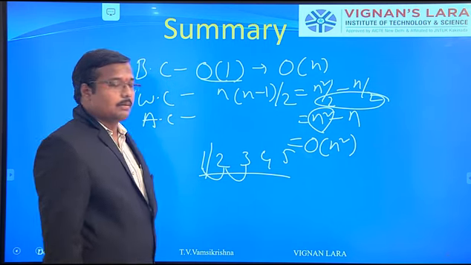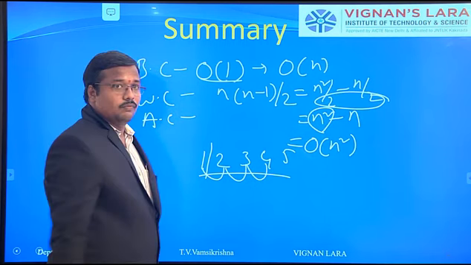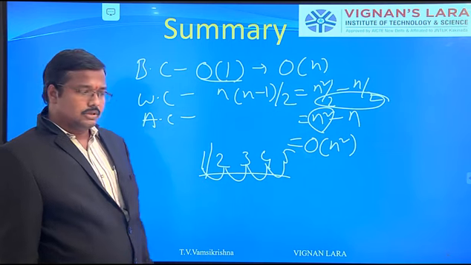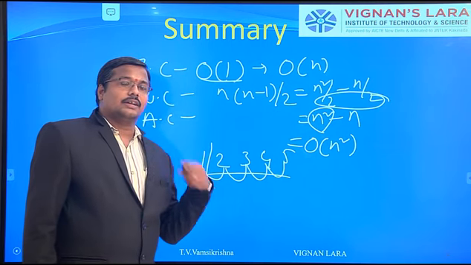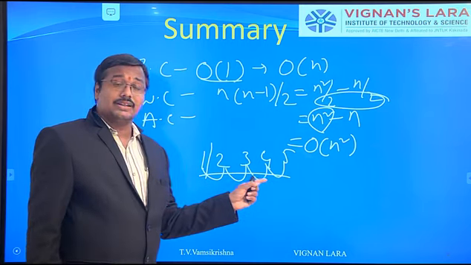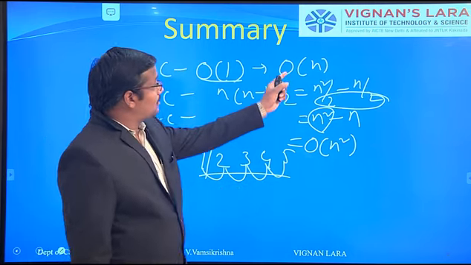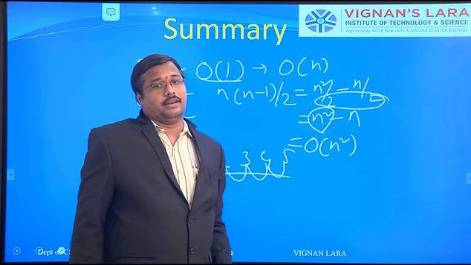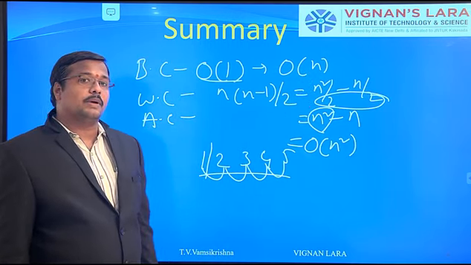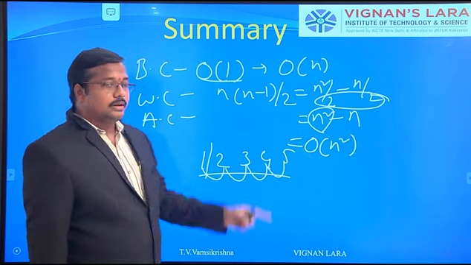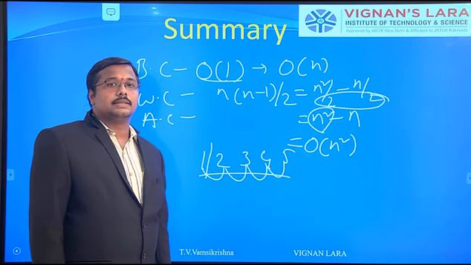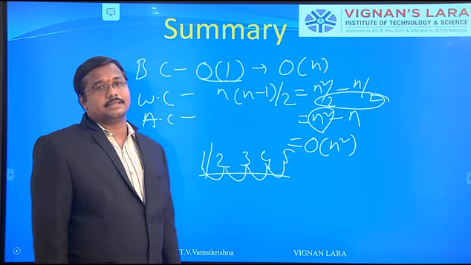For 3, 1 comparison. For 4, 1 comparison. For 5, 1 comparison. So a maximum of 1 comparison each time and we come out of the iteration, meaning 5 passes are generated. Sometimes they say big O of n. But based on the number of moves performed in insertion sort, it is big O of 1, while big O of n is the time complexity with respect to comparisons.